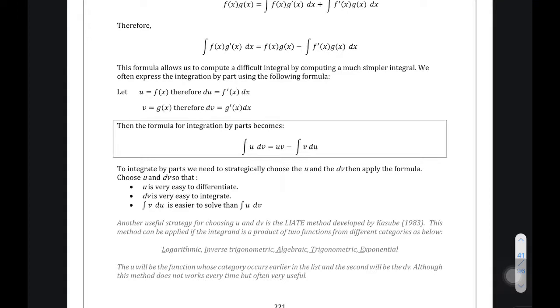Another guideline for choosing u and dv is the acronym LIATE. L stands for logarithmic, I for inverse trigonometric, A for algebraic, T for trigonometric, and E for exponential. It doesn't work all the time, but most of the time it works.